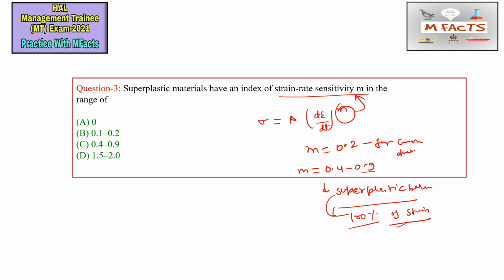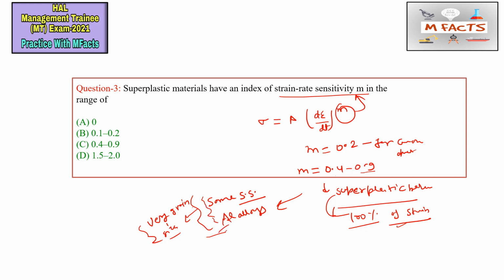Examples of superplastic materials are some stainless steels, and aluminum alloys are also examples. The main quality that they possess is very fine grain size. Only if they have very fine grain size will they show superplastic behavior.